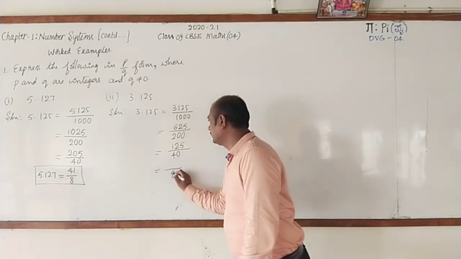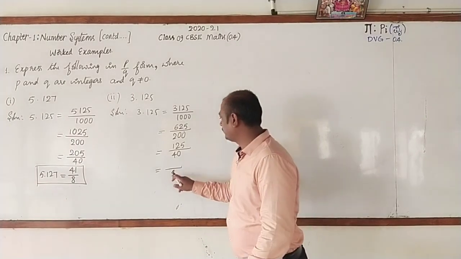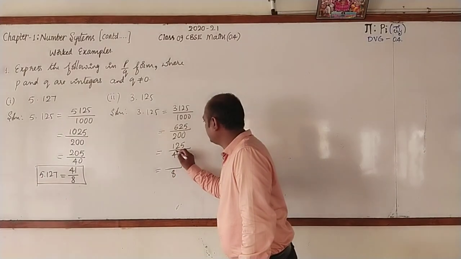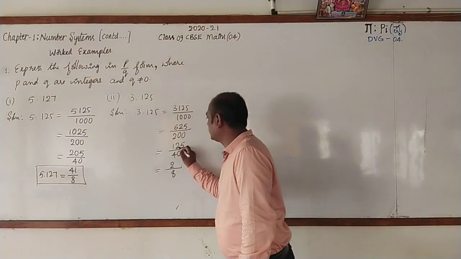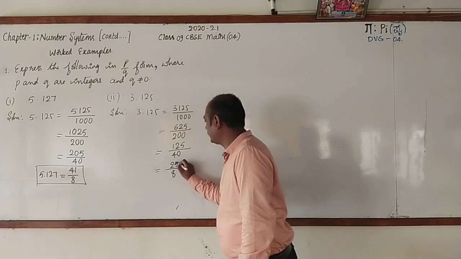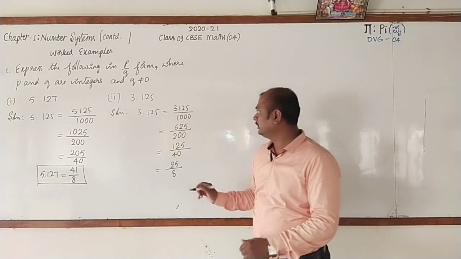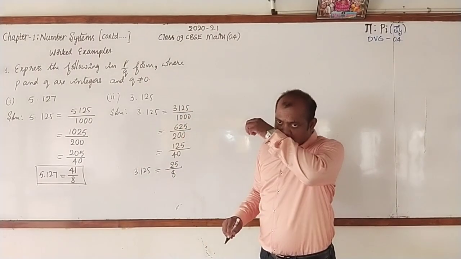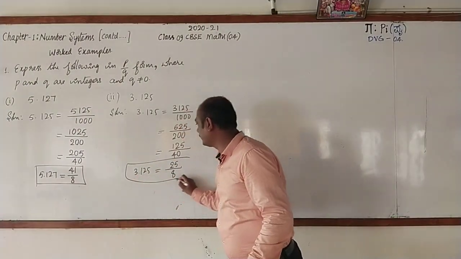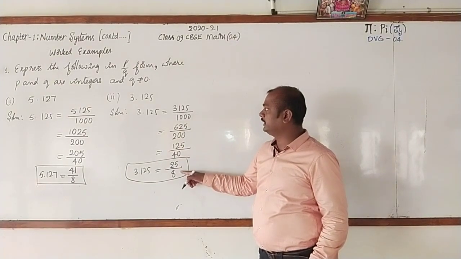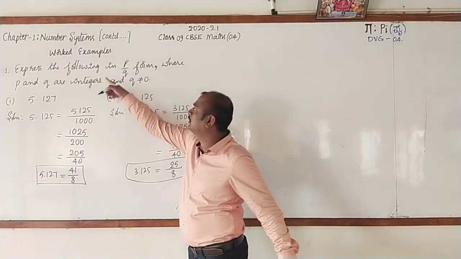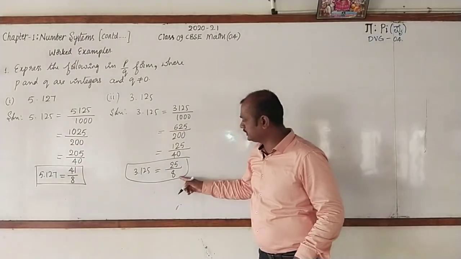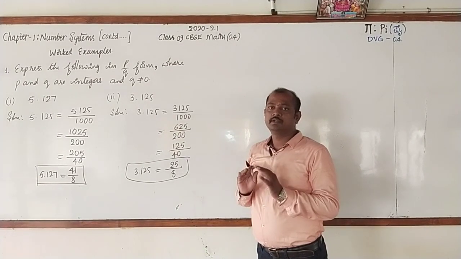Then 5 8s are 40, then 5 2s are 10, 2 will remain 25, 5 5s are. So 25 by 8. So 3.125 is a terminating decimal expansion. Its P by Q form is 25 by 8. See that it is of the form P by Q, where P and Q are integers. These two are integers. Clear?